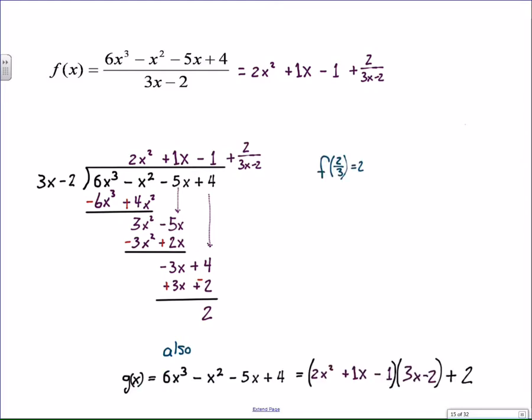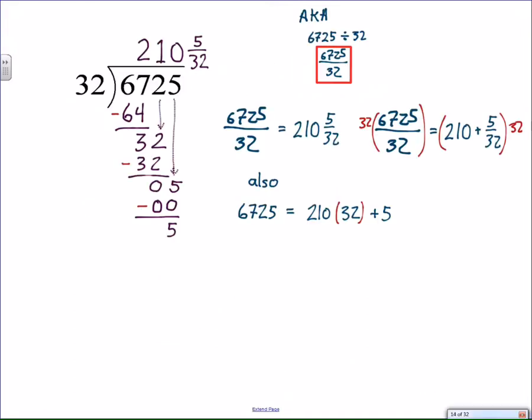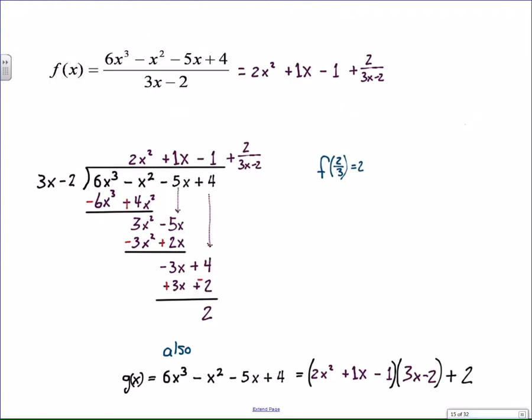Another way to look at it, of course, is that if we had the function g of x as just the numerator of f of x, that numerator can be expressed as the product of the quotient times the divisor plus the remainder. Again, that's based off of the same mathematics that I uncovered over here. This is another way to look at the numerator expressed as the product of two numbers plus a remainder. Same truth applies to polynomials.